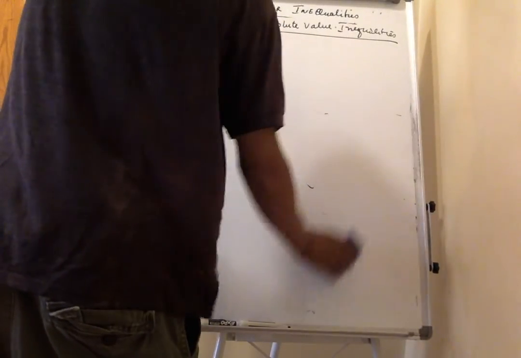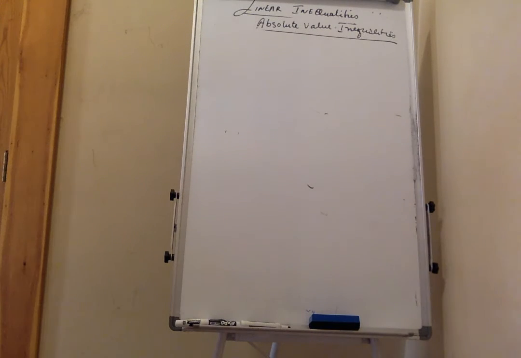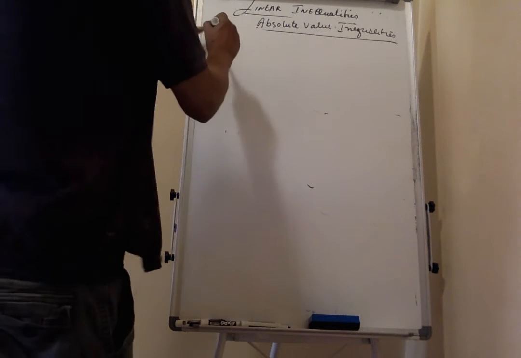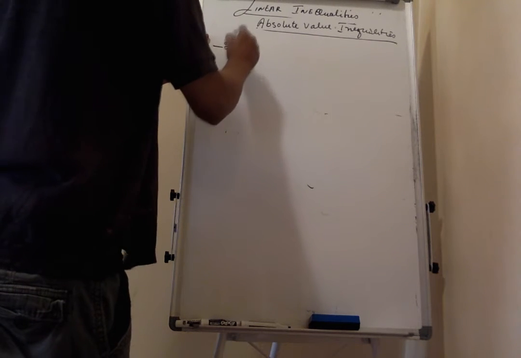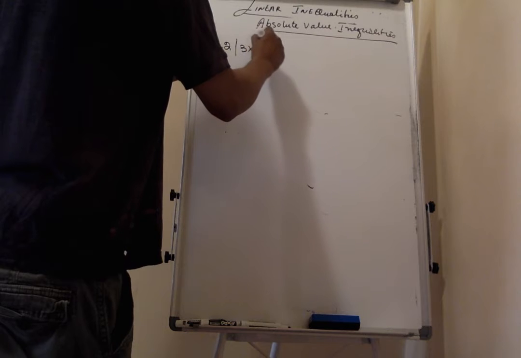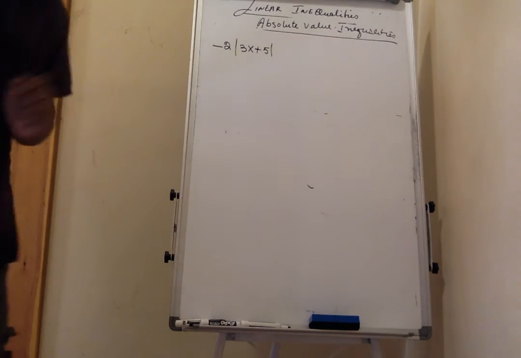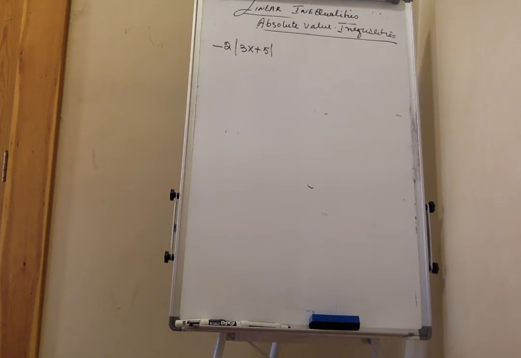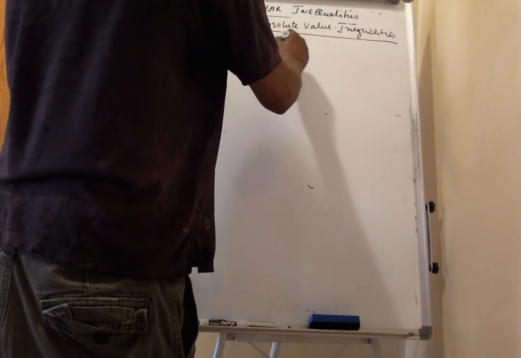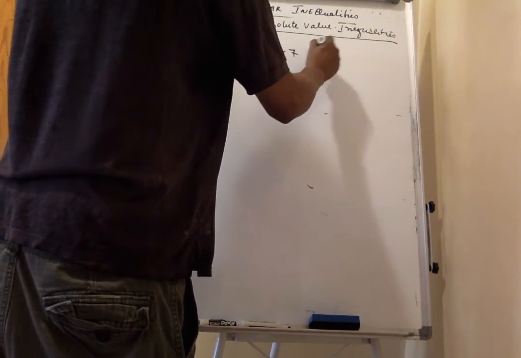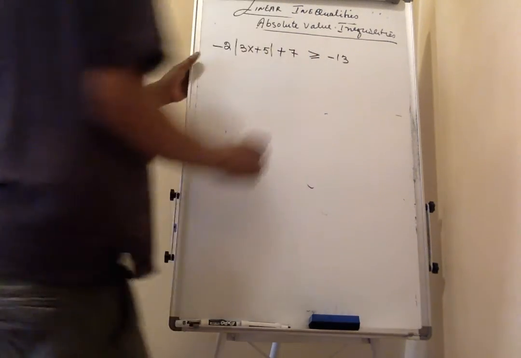So once we set that up, let's do a complicated one. So let's do negative 2 times the absolute value of 3x plus 5, plus 7, is greater than or equal to negative 30.